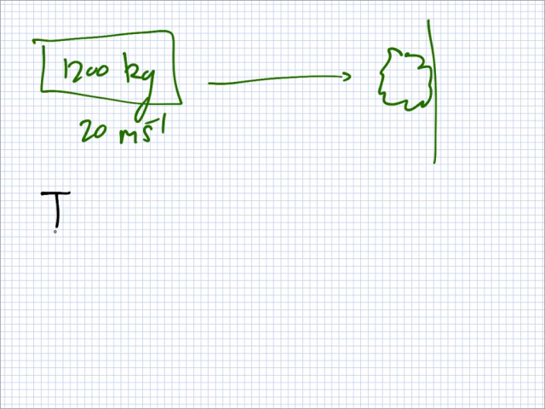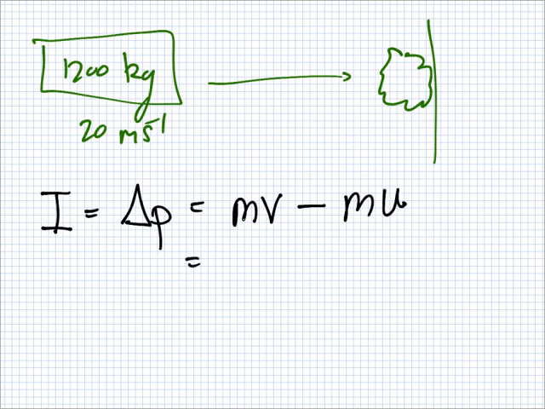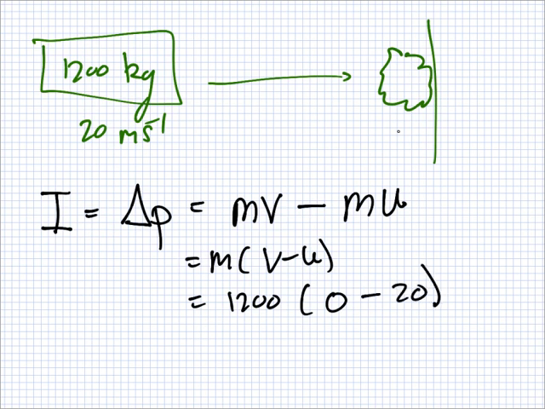So what is the impulse? So the impulse is the change in momentum, which is the momentum at the end minus the momentum at the start. Well, the m is the same, isn't it? So you could write it like this, which would be 1200 times (0 minus 20). The v is 0, crashed into the wall. So that is minus 24000 kilogram meters per second. So that's the impulse then.